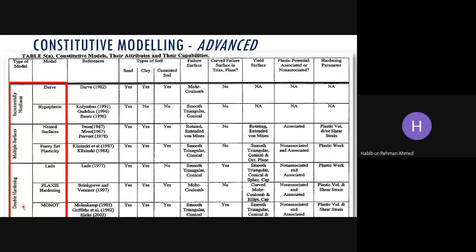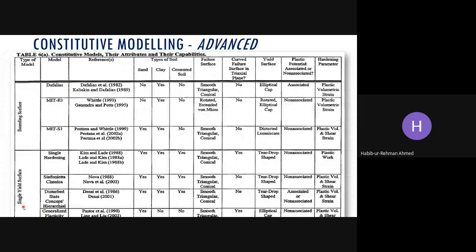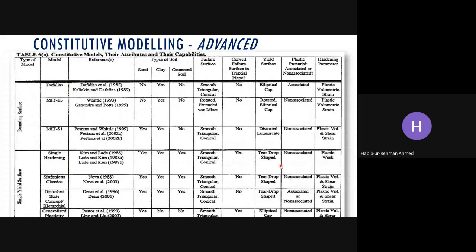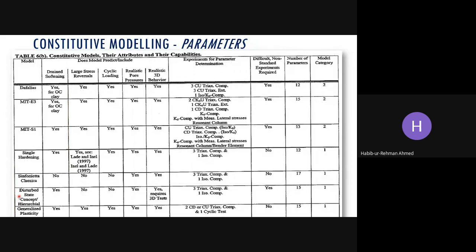And like their younger siblings, you can get all different kinds of information like type of soils, failure surface, yield surface, etc. for this one. And then again, this is a list of more advanced models like bounding surfaces and single yield surfaces, etc. And how to get parameters for this one, you can see here.